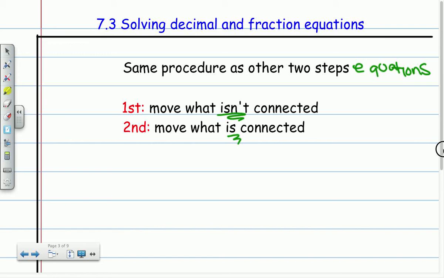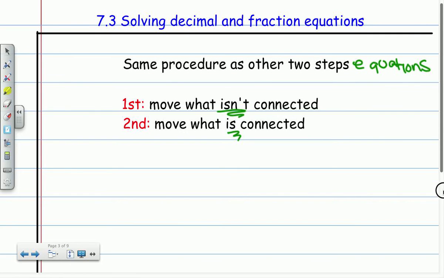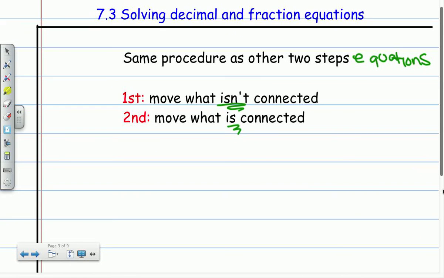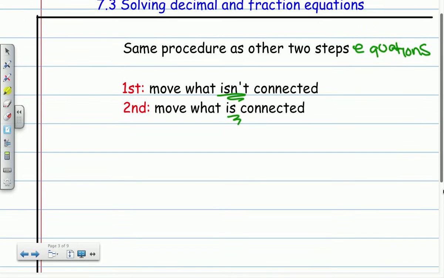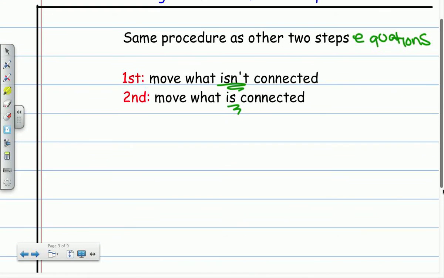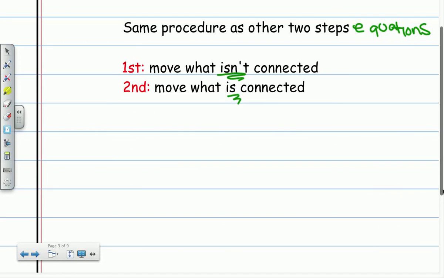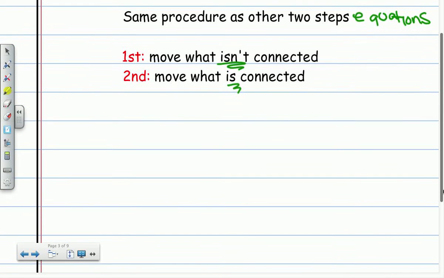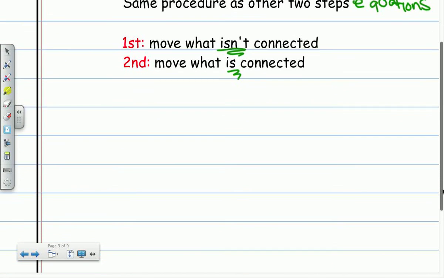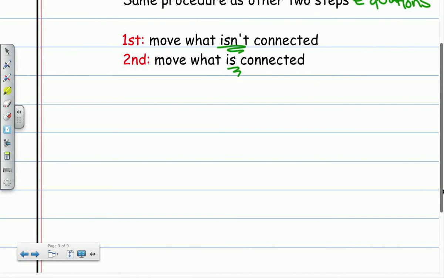And the biggest thing that I need you to remember when we're solving these decimal and fraction equations is some basic fraction operation facts. Okay? So I want you to write down some basic fraction facts.